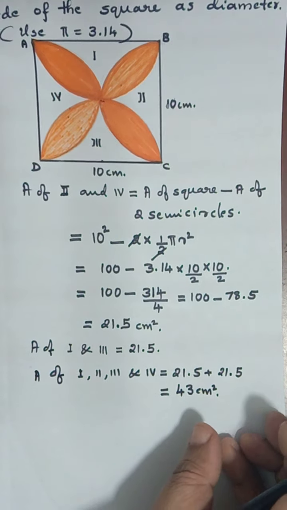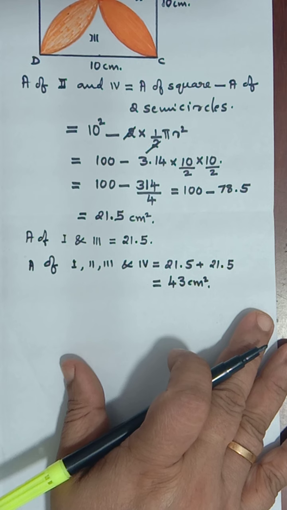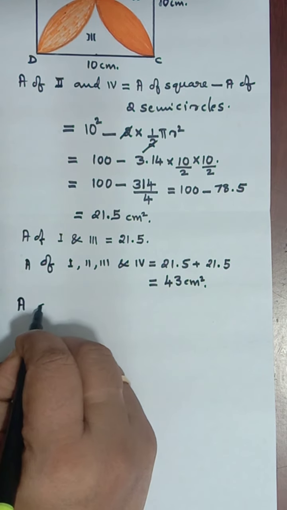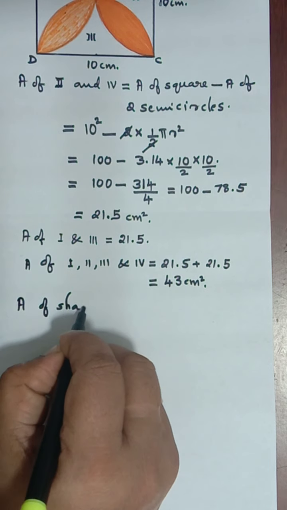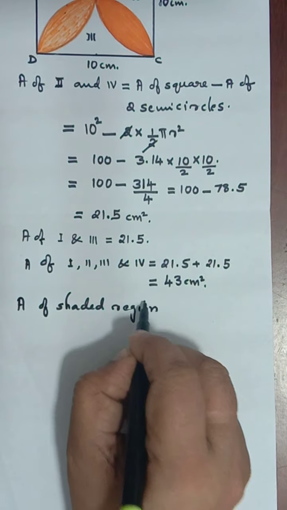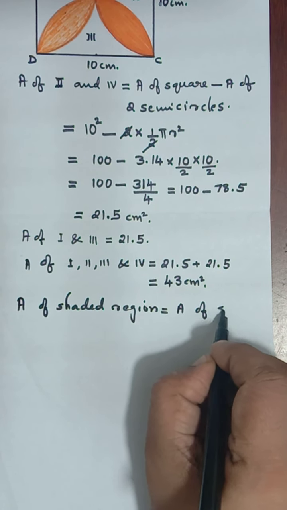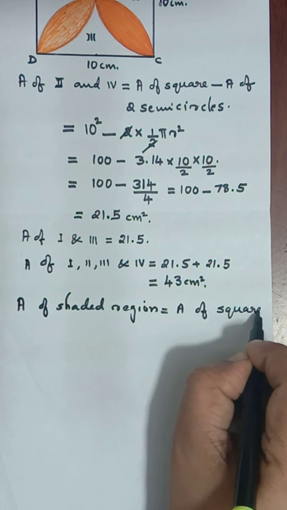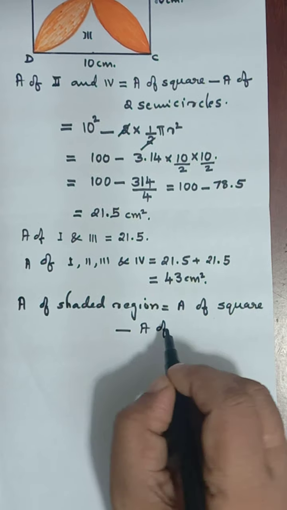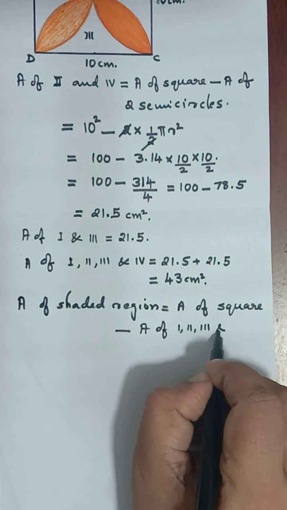Now what is the last calculation? We have to find out the area of the shaded region, or that flower region. So the area of the shaded region equals the area of the square minus the area of 1, 2, 3 and 4.